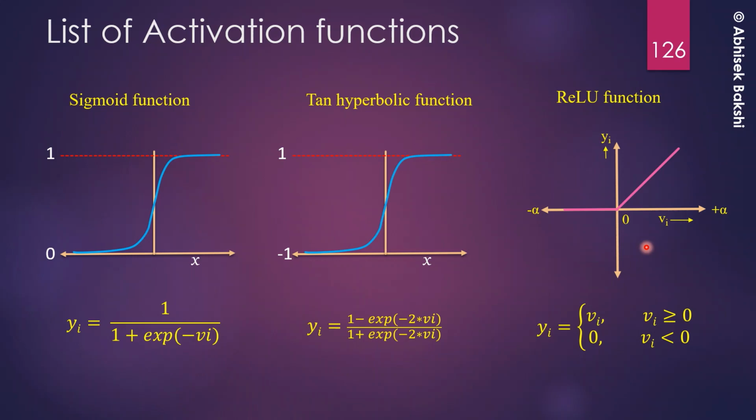So these are the different activation functions we have discussed. Now let's do one thing. Let's start with understanding how we can use this artificial neural network for solving our simple tasks.